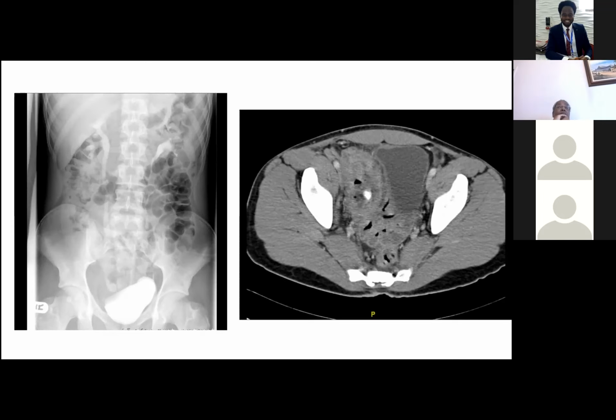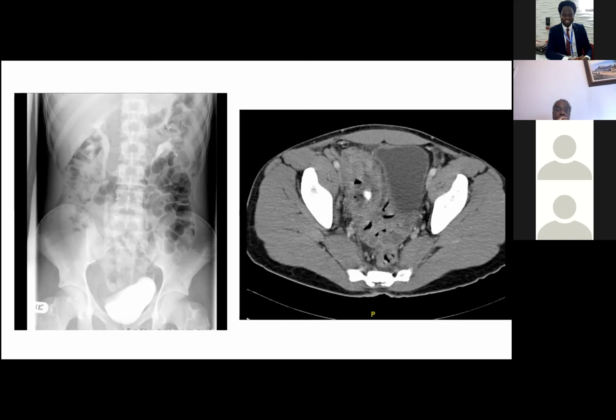So the finding in this boy on CT scan was a mass to the right of the bladder, outside of the bladder, which contains a small focus of calcification or opacity with some gas bubbles around it. And also the other finding, not shown in this study, was that there was a lot of omentum which appeared to be stuck to this area. So this was an inflammatory mass lesion.